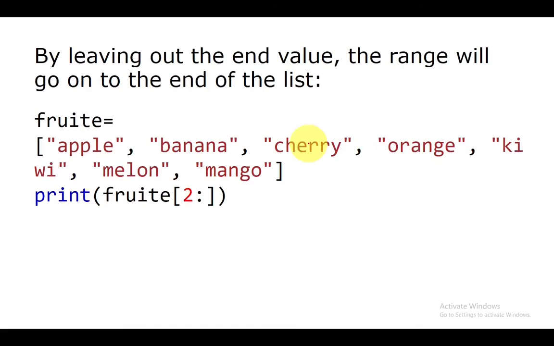Okay, so let's come. By leaving out the end value, the range will go on to the end of the list. So we have the beginning where we want to start picking our values from. We're picking from number 2 right here, because that's what we specified. But we didn't signify where to end. So automatically it's going to start from here and go to the end, to mango.